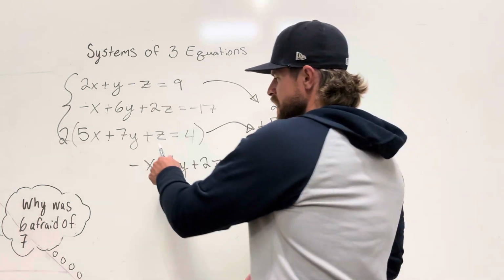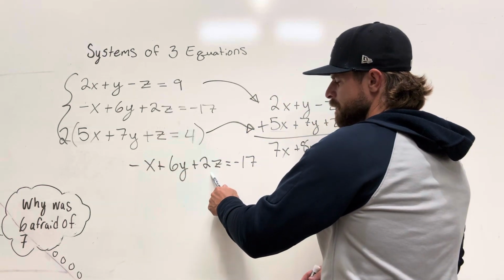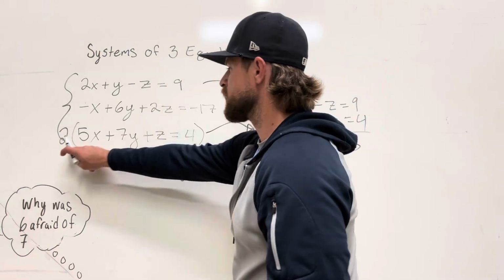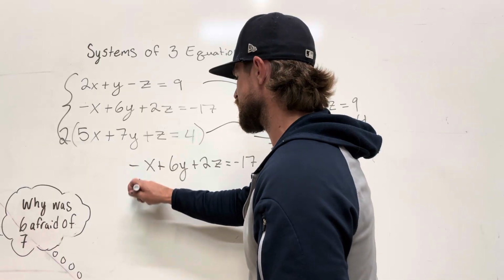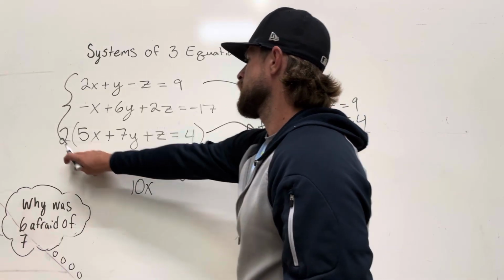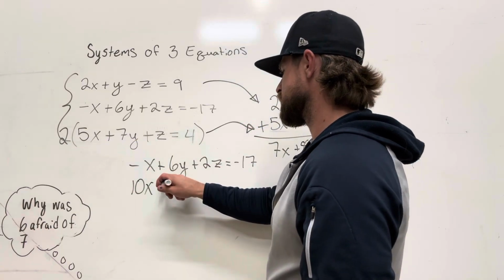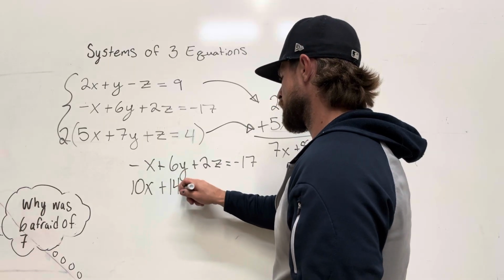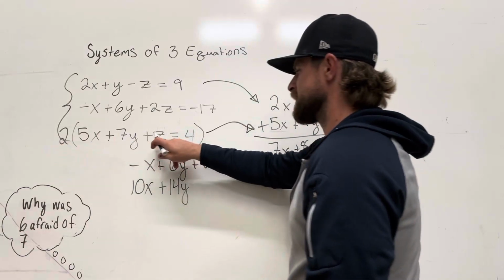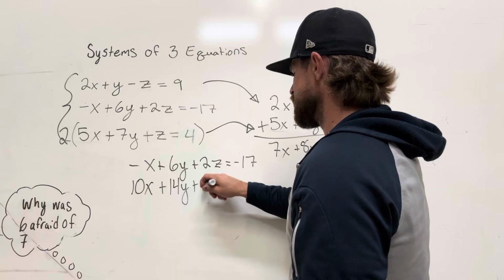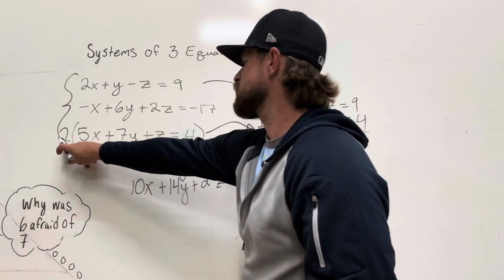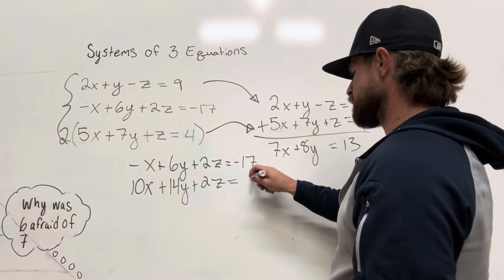So we're just going to get ourselves a term here of 2z that we can eliminate. So what's 2 times 5x? That's going to give me 10x. 2 times 7y, that's going to give me 14y. 2 times z, that's going to give me my 2z. And then 2 times 4 is 8.